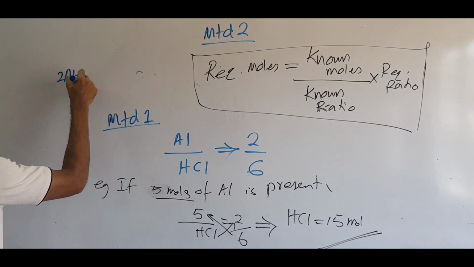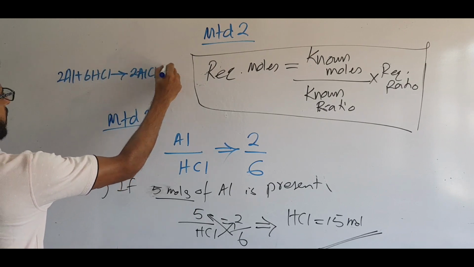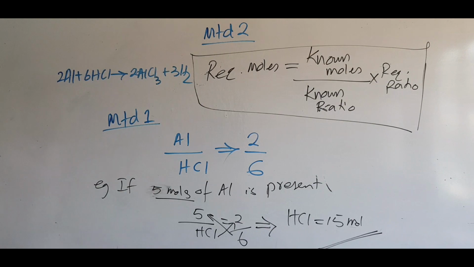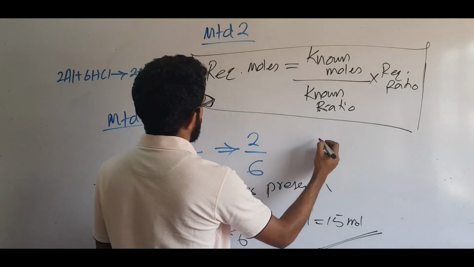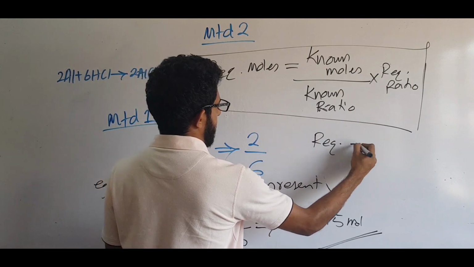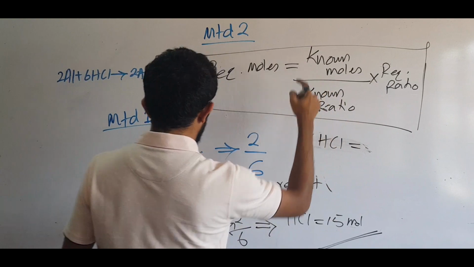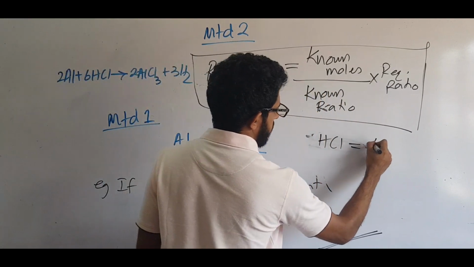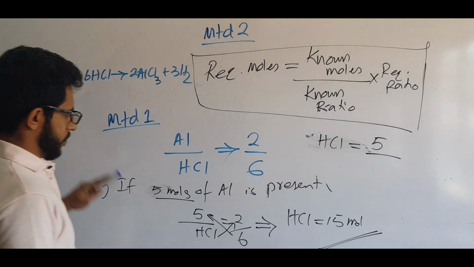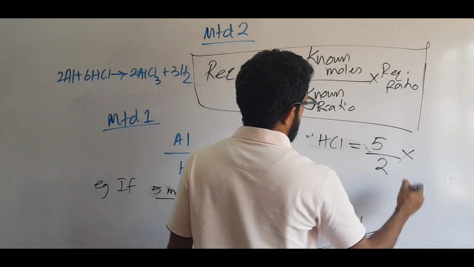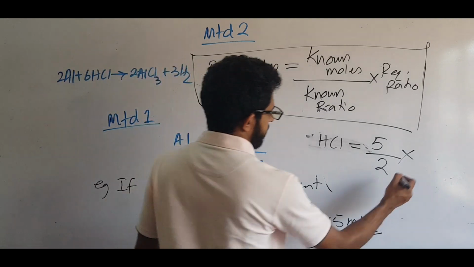So what is our equation? It was 2 aluminium plus 6 HCl give 2AlCl3 and 3H2. So if you use the same thing, if 5 moles of aluminium is present, what is the required amount here then? HCl amount equals known moles, which is 5, over known ratio, aluminium, which is 2, into required ratio, HCl, which is 6.